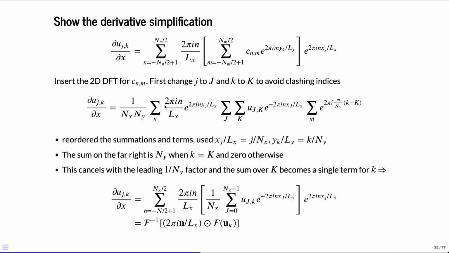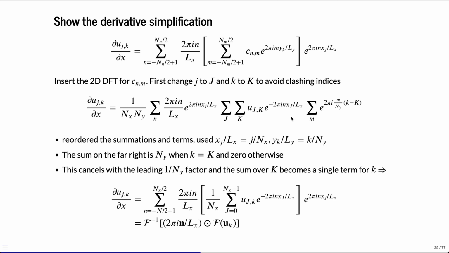And that's going to give us this nasty thing with 4 summations together. Before we do that summation, we need to change the little j to big J and the little k to big K to avoid clashing indices with the k's and the j's that are already in this term here. So you've got that. If you reorder the summations and then use x_j over L_x as j over n_x, and similarly for y, that's what we've done here to get this.